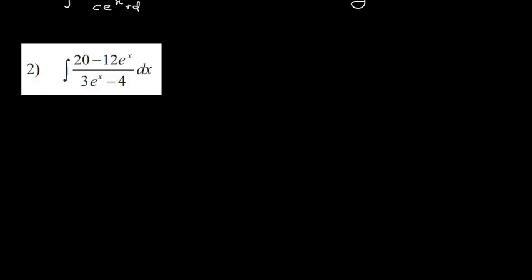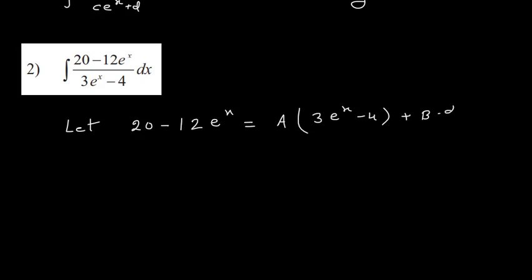Now here I will say let the numerator, which is 20 minus 12 e^x, be a into the denominator, which is 3 e^x minus 4, plus b into the derivative of the denominator, that is 3 e^x minus 4.